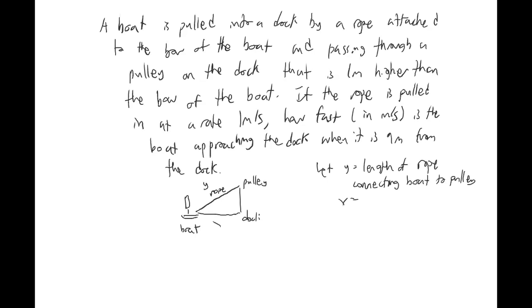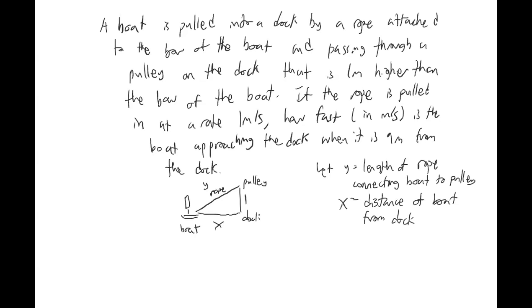And let X be the distance of boat from dock, right? Yes, I guess the question doesn't really make sense in real life. But okay, and it tells you this is 1, because the pulley is 1 meter above the boat. I guess the bow of the boat is the floor.